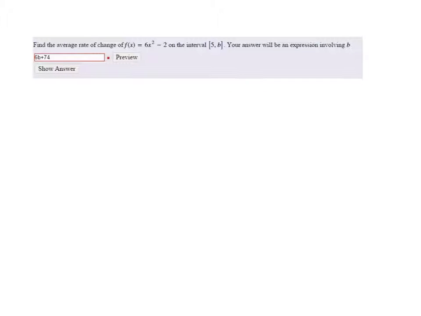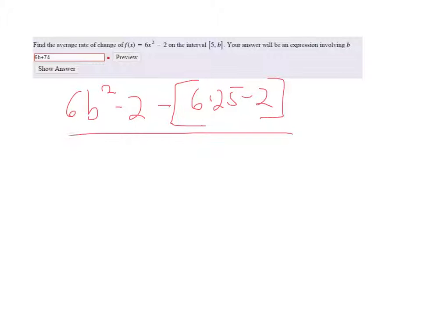This one is almost a calculus question, almost. So what we're going to do is find f of b. That's going to be 6b squared minus 2 minus, and then we're going to substitute in 5, so 6 times 5 squared, which is 25, minus 2, over b minus 5.